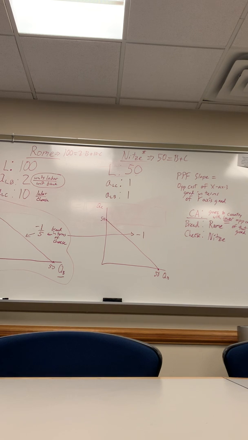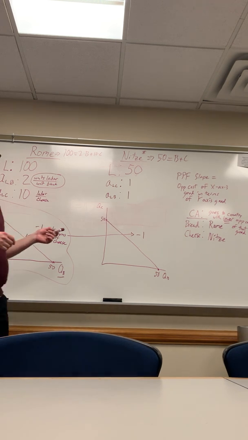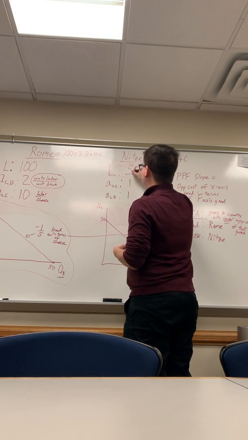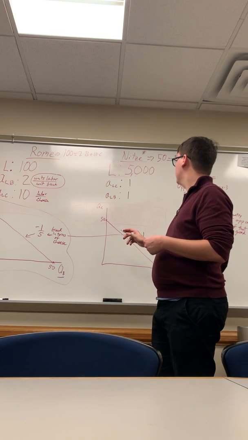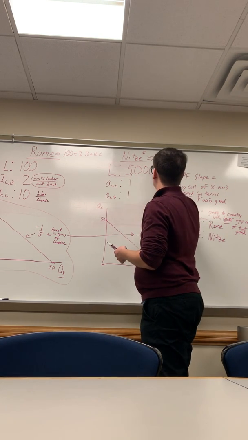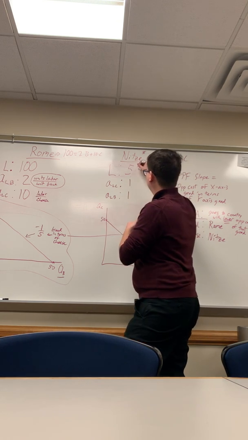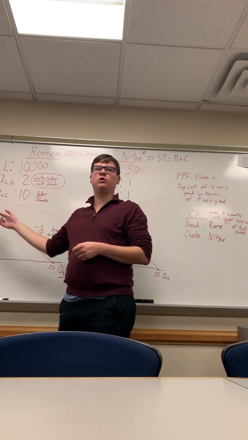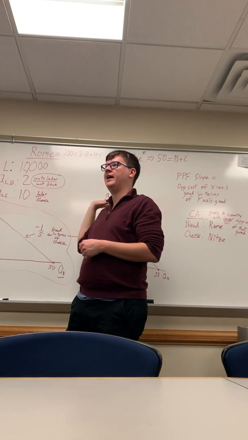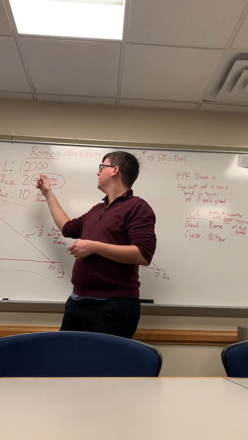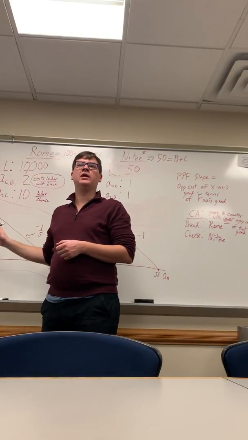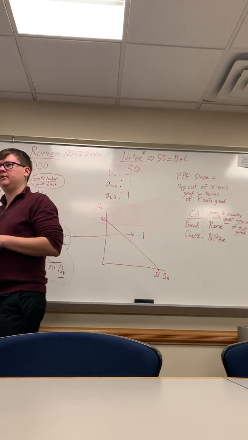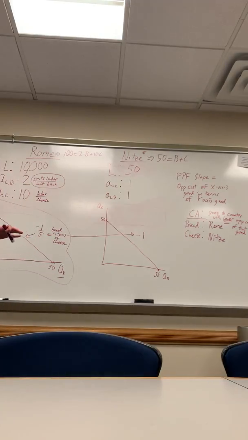You could imagine if I said Rome has 10,000 people, and now the total quantity they can produce of both goods is much higher than what NHTSA can produce. But for absolute advantage, we're only worried about unit costs, not overall productive capability. Does that make sense? So absolute advantage, unit costs only.